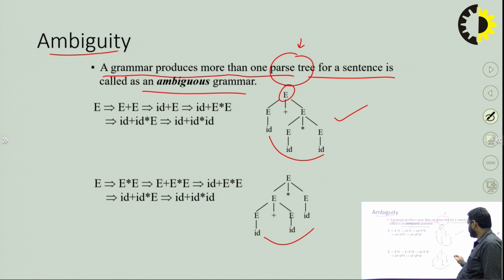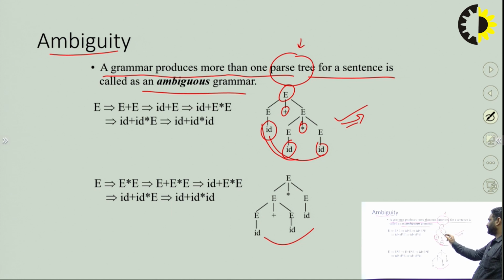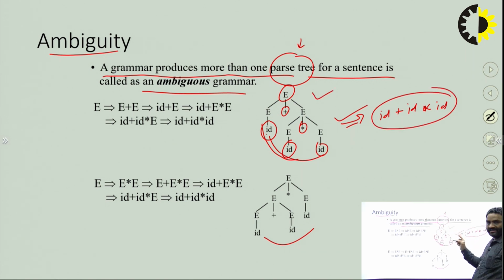In the same way, by means of the leaves we can find the string. So what is the string? The first symbol is ID, then plus, then ID, then asterisk, then the last is ID. So this is our string by means of the first parse tree.